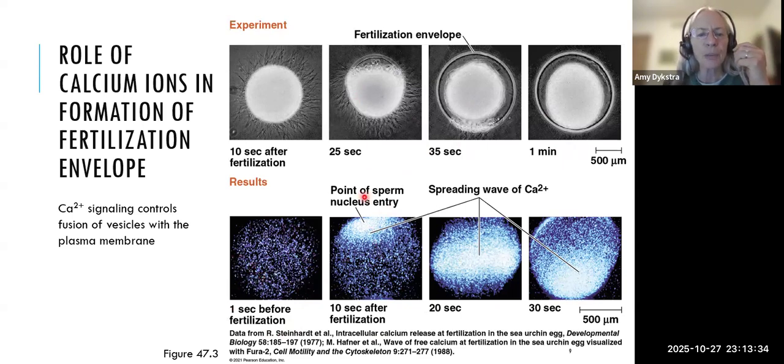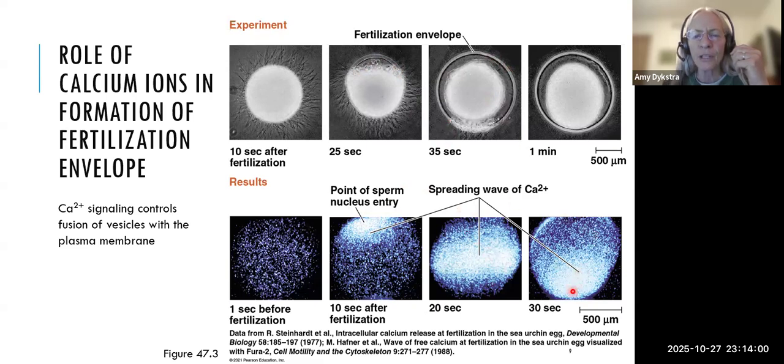As soon as the sperm enters, 10 seconds after its entry, a bunch of calcium ions have flooded into this cell. And now we have a high concentration of calcium here. And that kind of correlates to the beginning of the fertilization envelope there. And then the calcium ions just spread through the whole cell as the fertilization envelope is spreading.